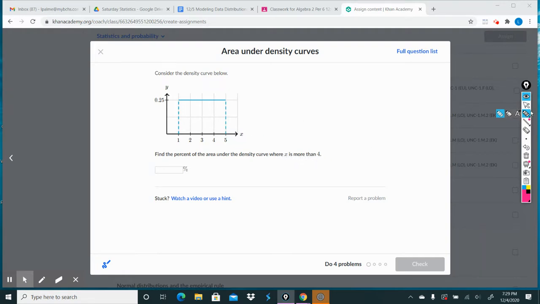So first we want to consider what the density curve is for the whole. In this case, we have a rectangle, right? An area of a rectangle is length times width.